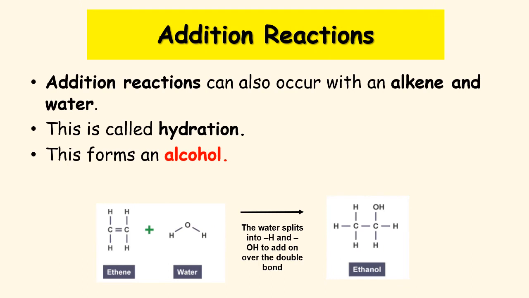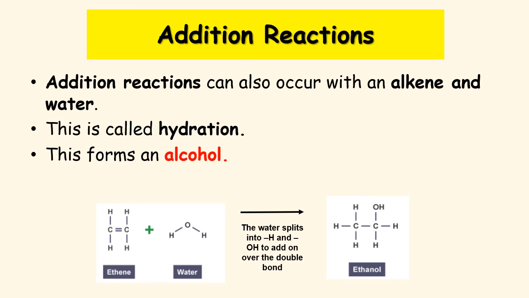And the final type of addition reaction that we're going to look at is the reaction between an alkene and water. Now, this type of reaction is an addition reaction, but it can be called hydration for adding water. And this forms an alcohol.